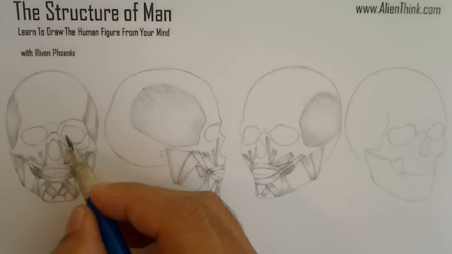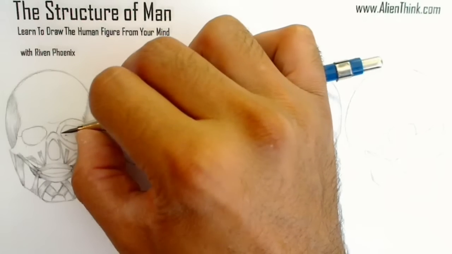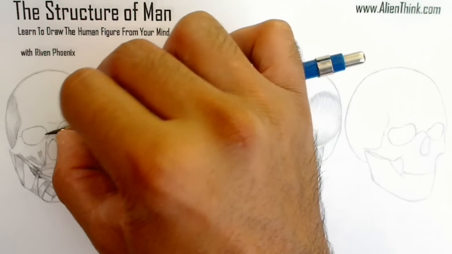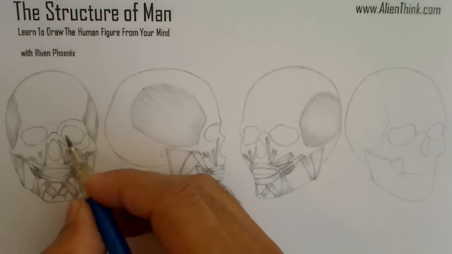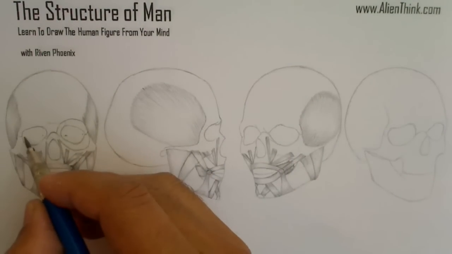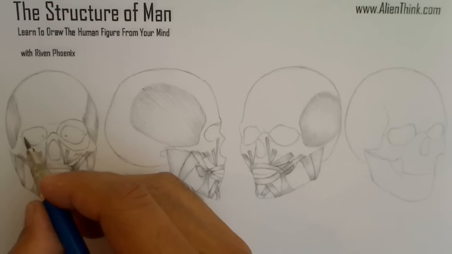So here we're going to mark this, and let's say this is the eye here. If we take this measurement and go over here and then over here, you want to measure enough out so you get your eye here, the outer edge, close to this bone.